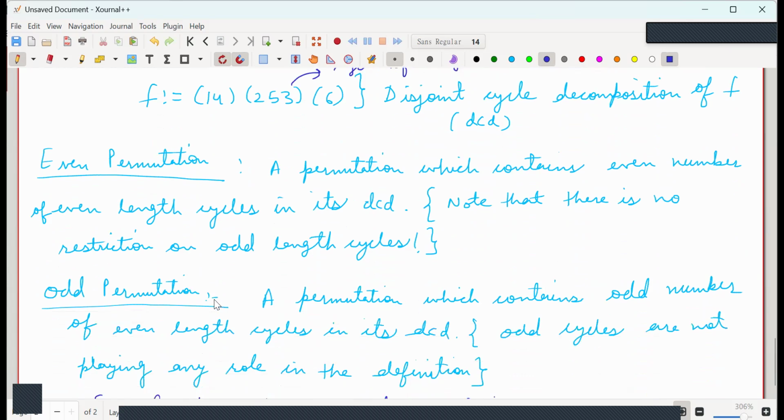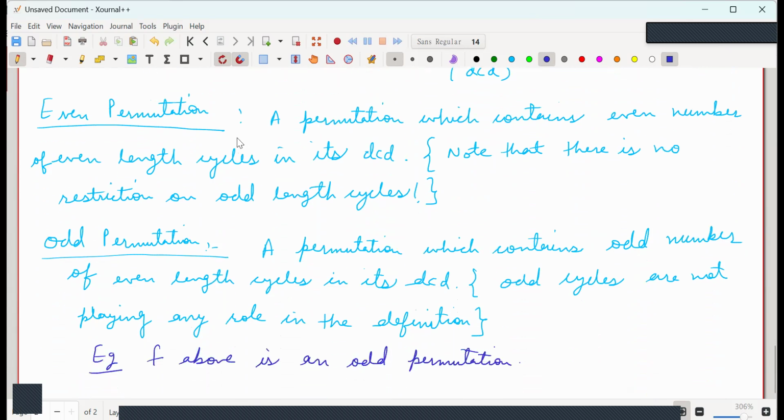So if you are more interested in this, then you can read more about permutation groups, and then you will actually see why these definitions are like that. It's not just this even number of even length cycles contributing to the definition of even permutation.